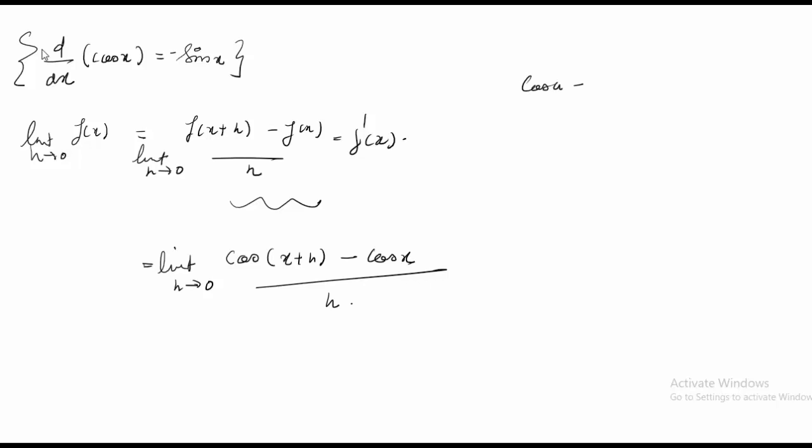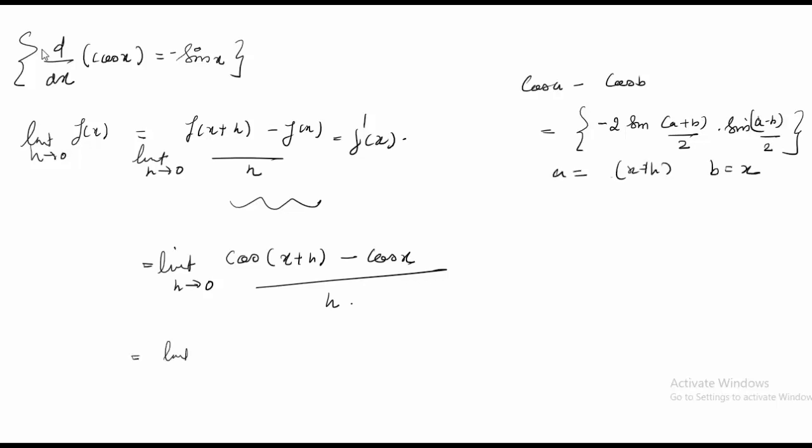So cos a minus cos b is equal to minus 2 sin of (a plus b)/2 into sin of (a minus b)/2, where my a is equal to x plus h and my b is equal to x. So this is equal to the limit as h tends to 0 of minus 2 sin of (2x plus h)/2 into sin of h/2, divided by h.